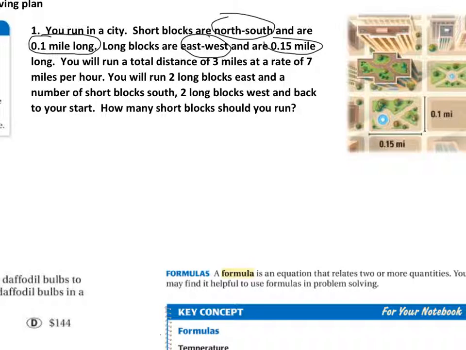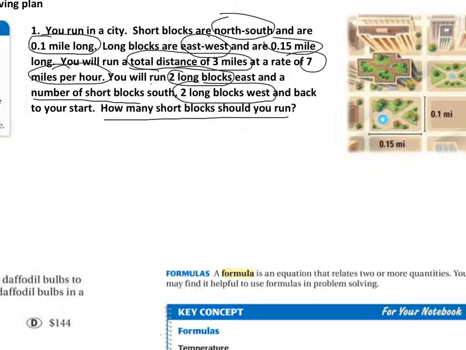And we're going to run total distance of 3 miles at a rate of 7 miles per hour. 2 long, number of short, and then 2 long again. See, I underlined the ones that dealt with the question and things we wanted to find, and then I circled the important things.